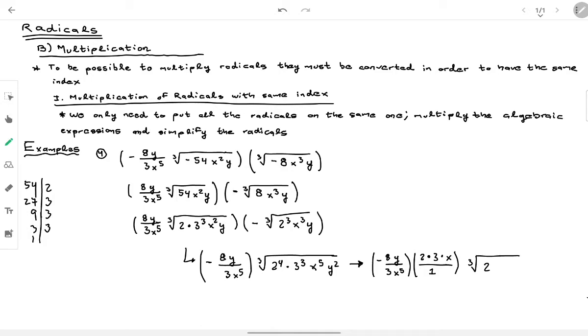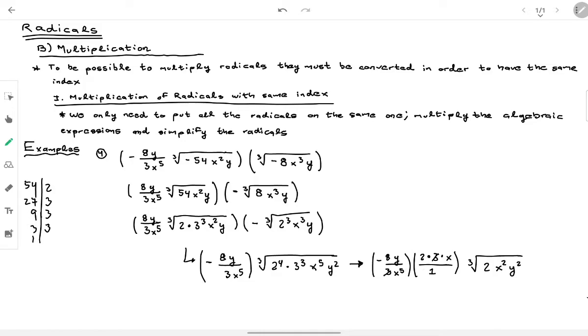3 divided by 3, it's an exact division. 5 divided by 3, so we still have x squared on the inside part. And we have also y squared because the 2 is smaller than the 3, so it cannot go out. So in this case, of course, these 3 with these 3 can get eliminated.